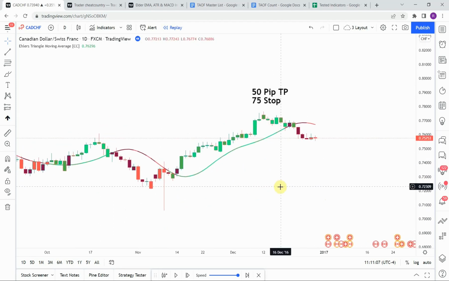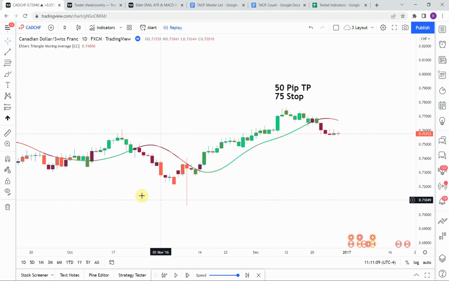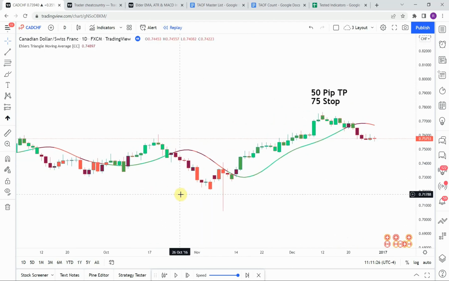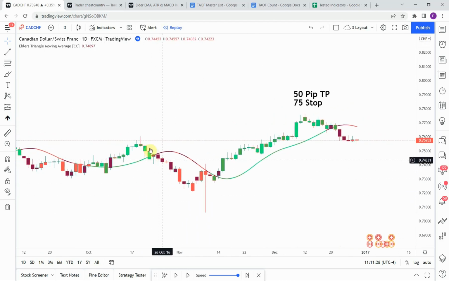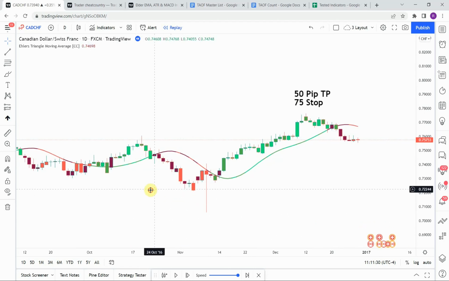So what we are looking for are either a green shift in the candle, so a green change in the coloration of the candles for long trades, or a maroon red shift in the candles for a short trade opportunity.